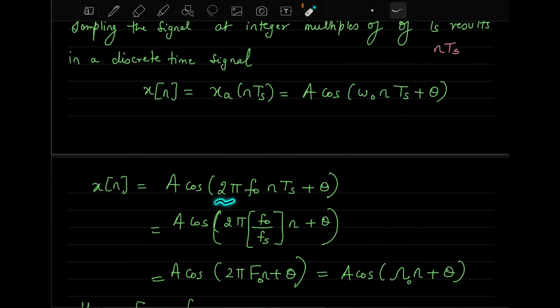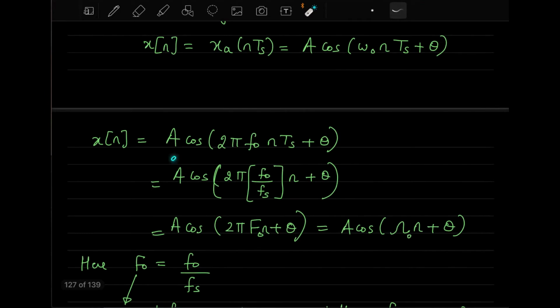Omega 0 is nothing but 2 pi f0, where f0 is the frequency of the continuous time signal. Then you have nTs. Ts is the sampling period, so you can represent it in terms of the sampling frequency, fs, in the denominator. It is as simple as that: Ts is 1 by fs. So you just put it there.